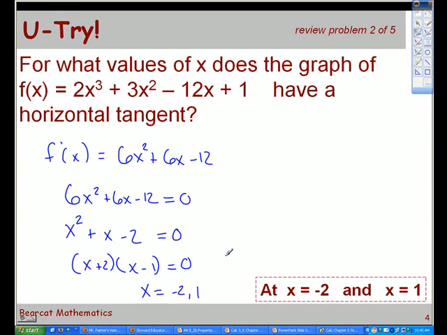Yeah. Gotcha. Other questions? Say that again. Because the slope of a horizontal line is 0.